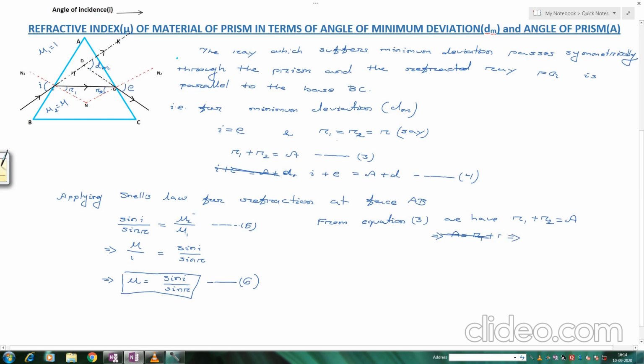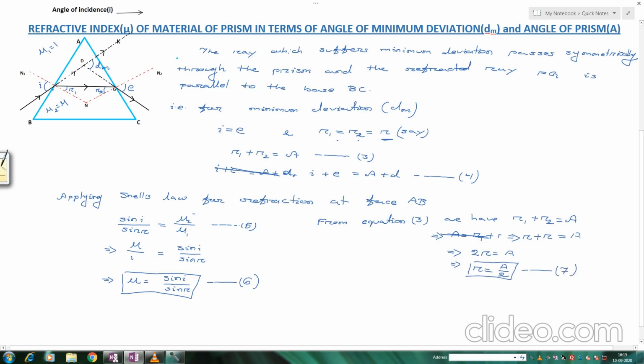Here we have taken R1 is equal to R2 is equal to R for minimum deviation position. So R plus R is equal to A. This implies 2R is equal to A. This implies R is equal to A divided by 2. Write this as equation number 7.